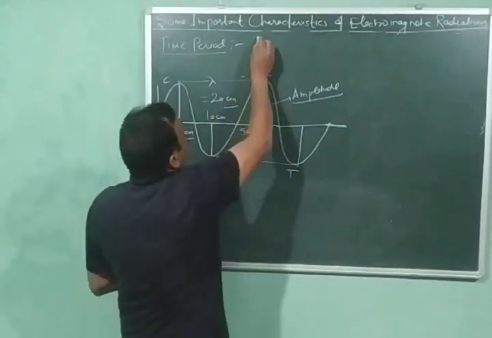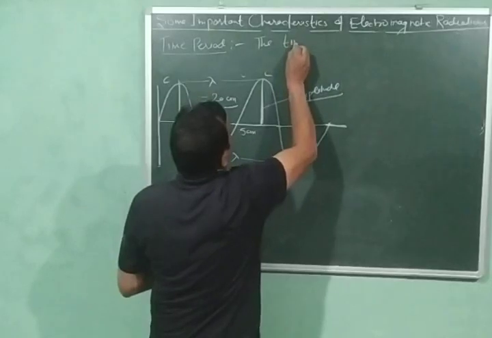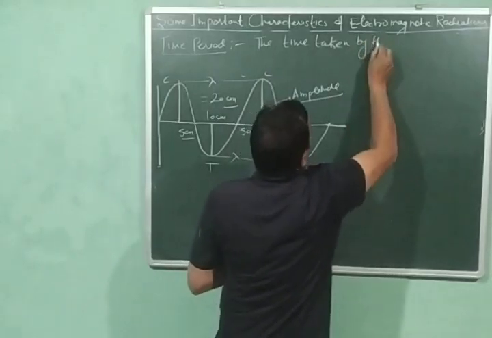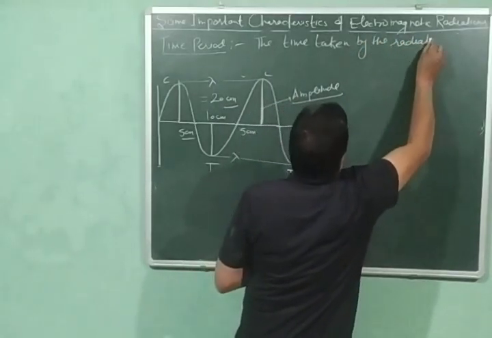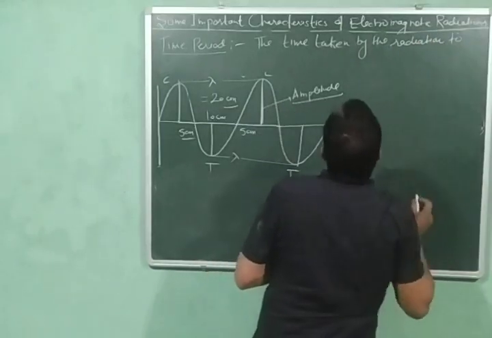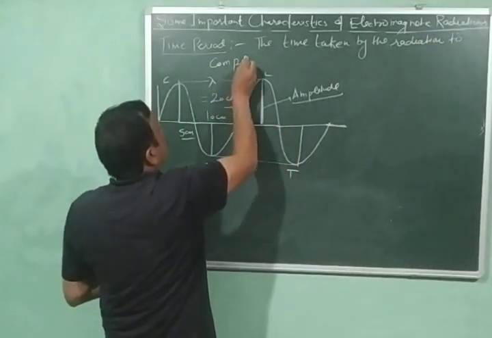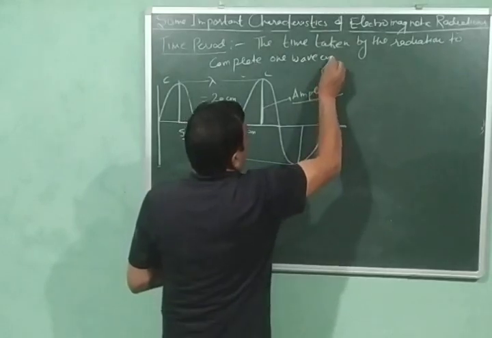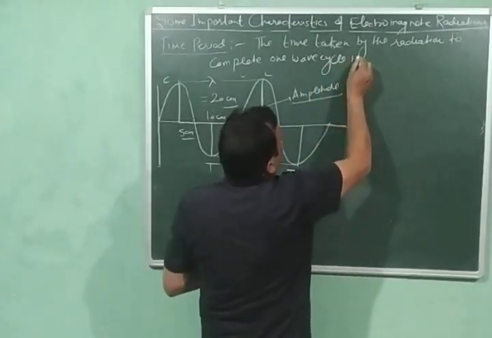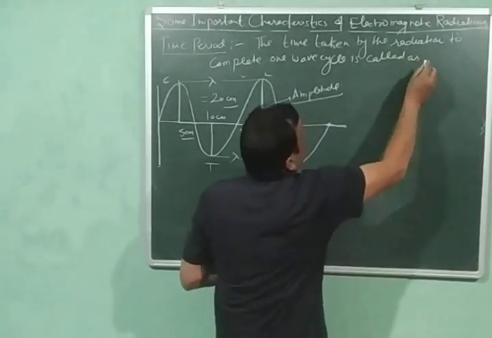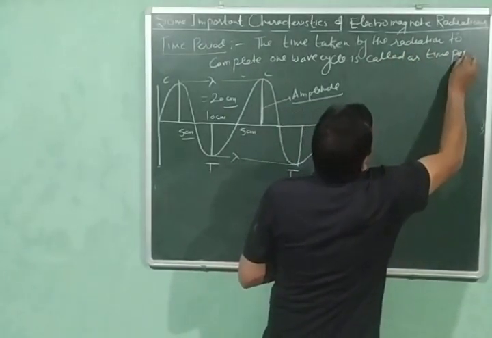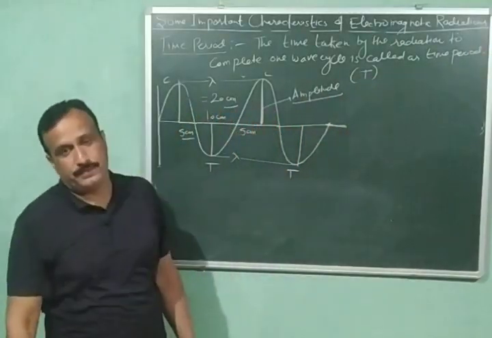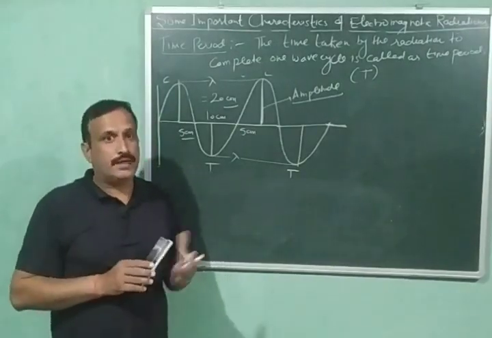The time taken by the radiation to complete one wave cycle is called time period, and it is represented by the symbol capital T. And I have explained what one wave cycle is.